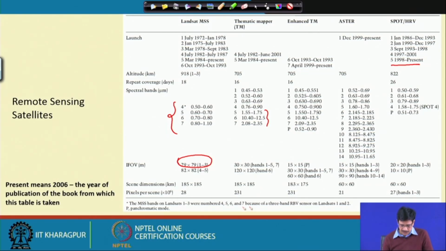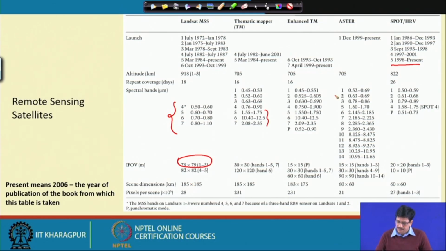And this also gives an idea about the amount of data that is generated. Pixels per scene is 28 into 10 to the power 6, meaning how many such resolution elements could be covered in one scene, which would be a certain area that the satellite camera covers.